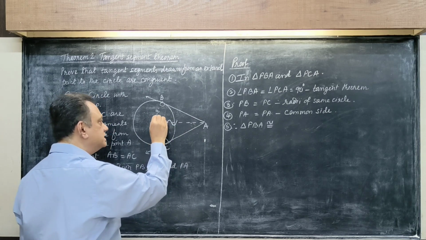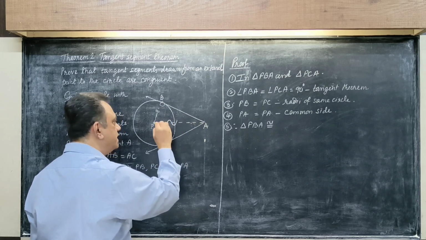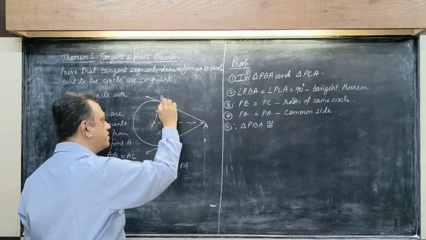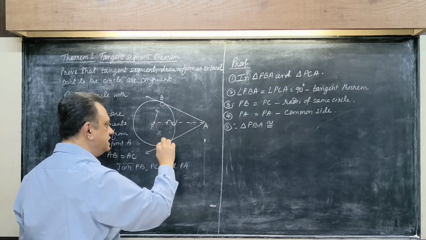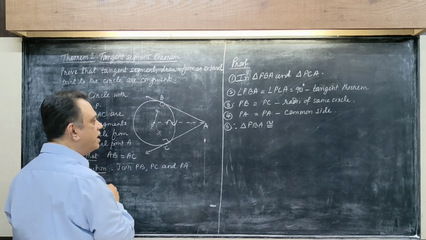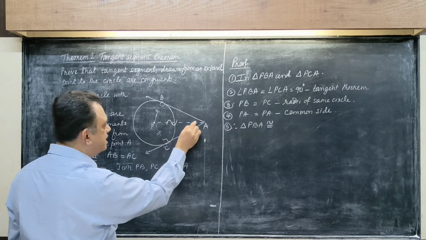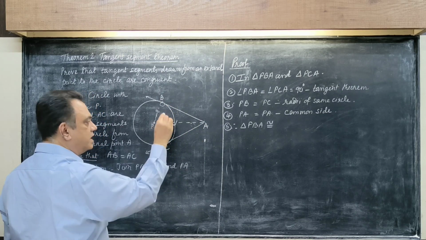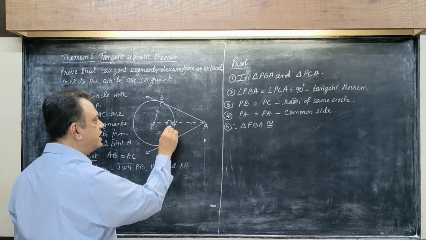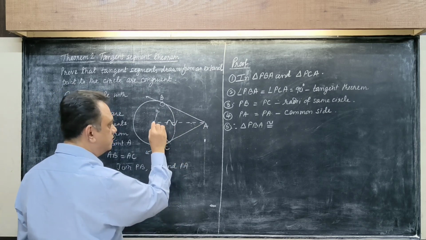If you would have named this triangle as PAB, then you have to name the other as PAC.